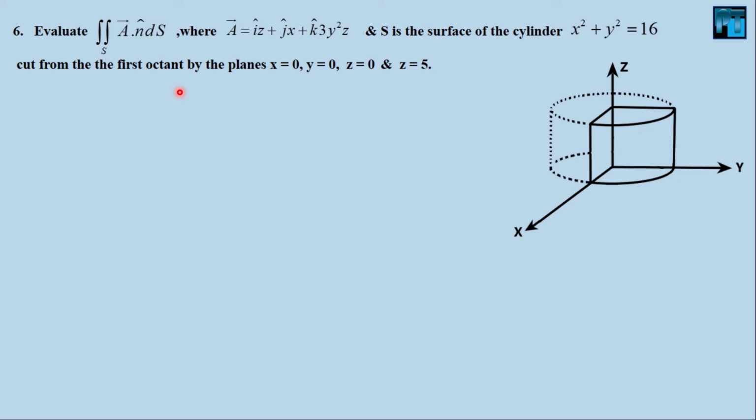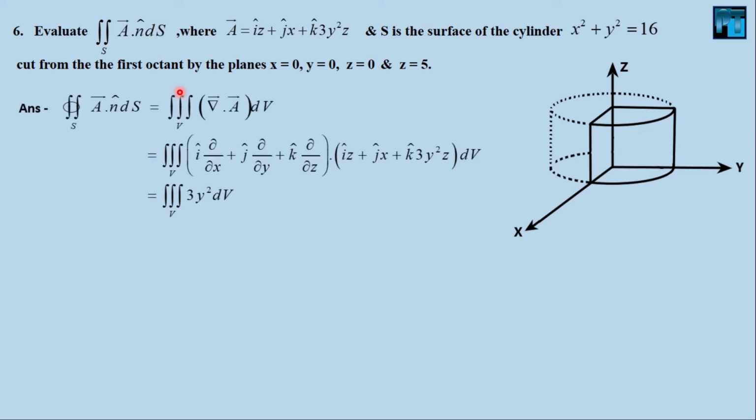Now let's apply the divergence theorem. The dot product gives us 3y² dV. Now see, this is a straightforward cylindrical problem. So x equals r cos φ, y equals r sin φ. These are the parametric forms. And z equals z. And what are the limits?